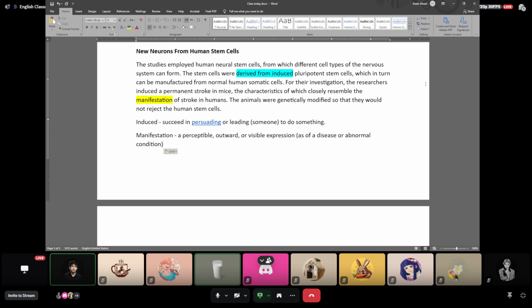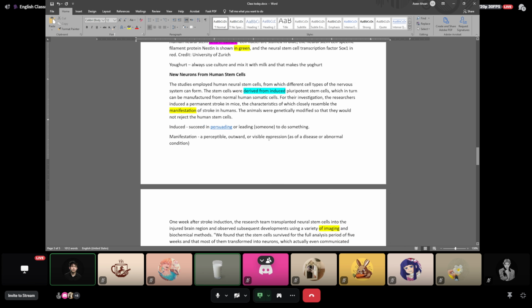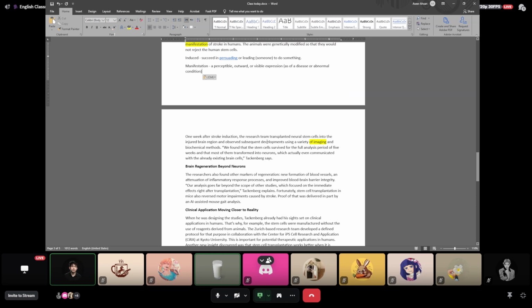Manifestation in this context is something that you could see visibly, and that is caused by a condition or a disease. For coronavirus, he is sneezing so much. So the sneezing is a manifestation. It is a perceptible, outward, or visible expression of coronavirus, if I am not wrong.